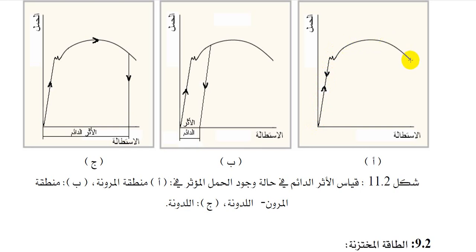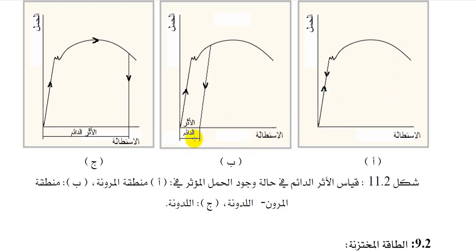Then the fracture strength is the point at which the material will be split into two halves.